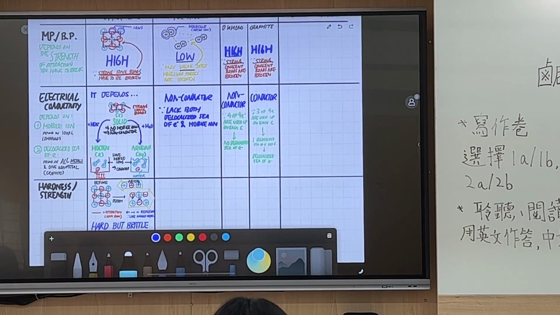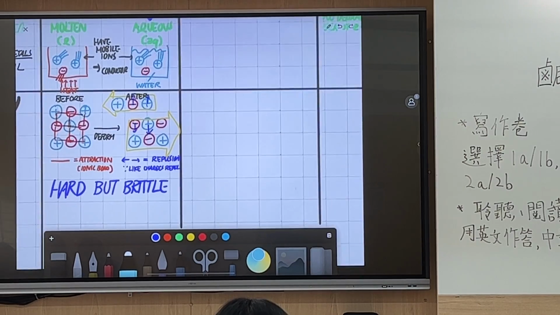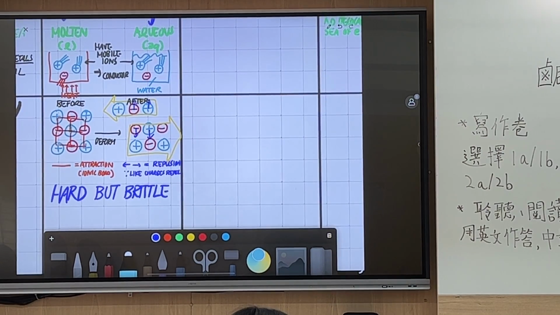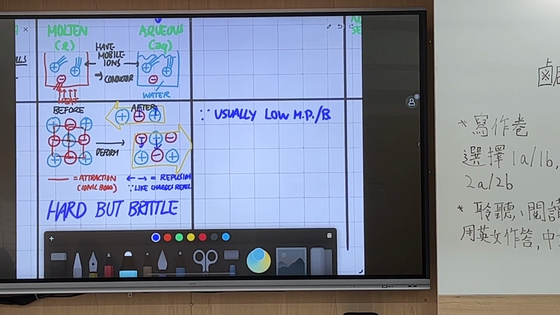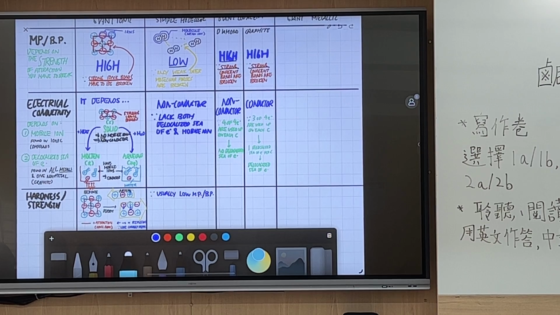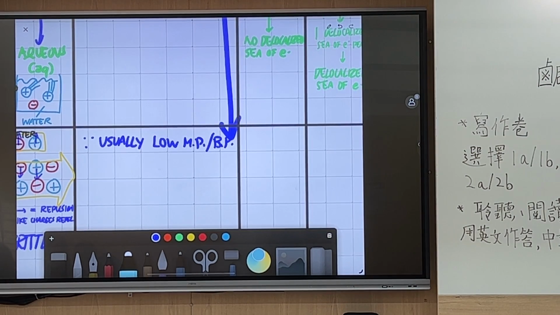Okay. Now for molecules, usually we don't use the word hard to describe them. So you can write down because they are usually liquids. You can say because of the first property, that they have low melting and boiling points. That they don't usually exist as a solid. Can you use the word hard to describe a liquid?